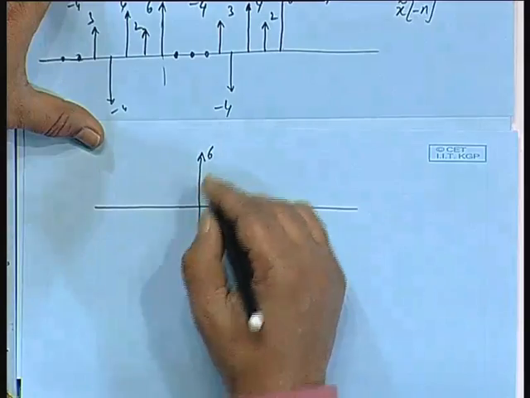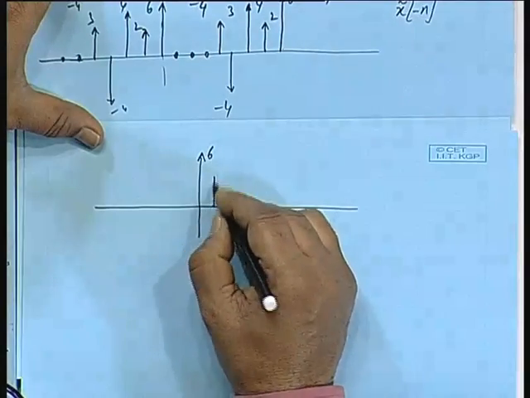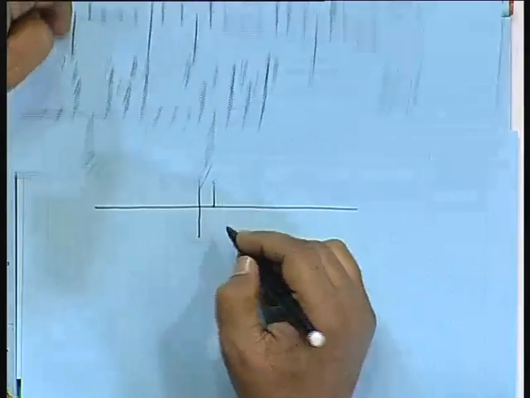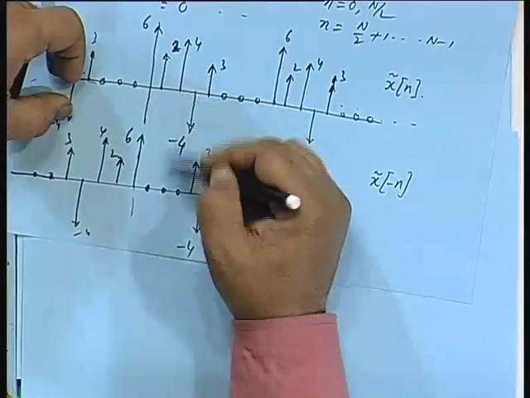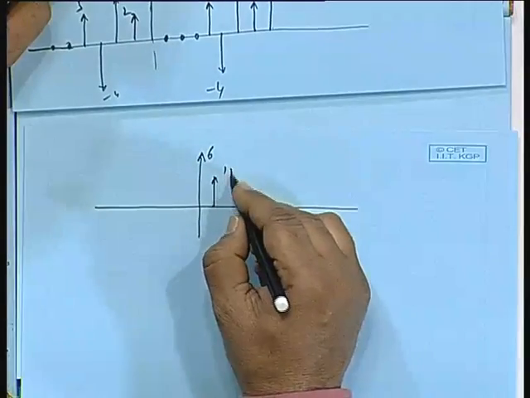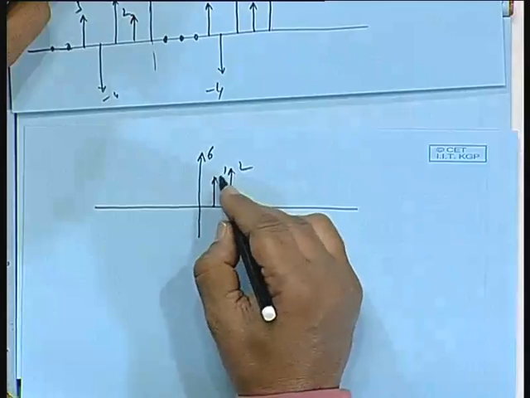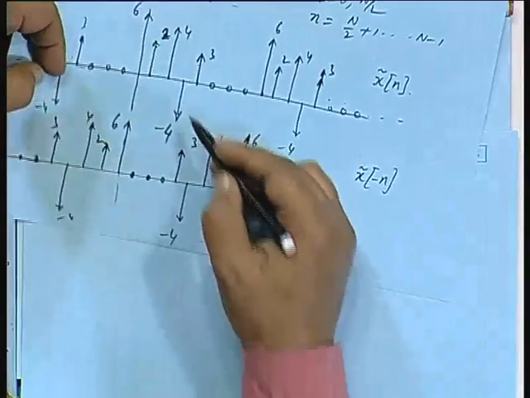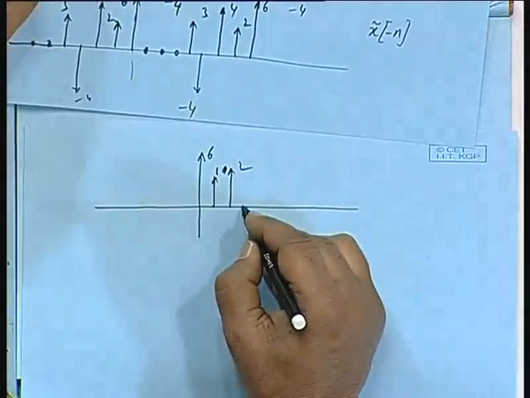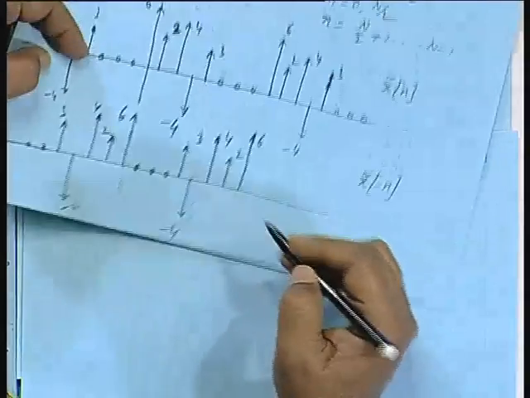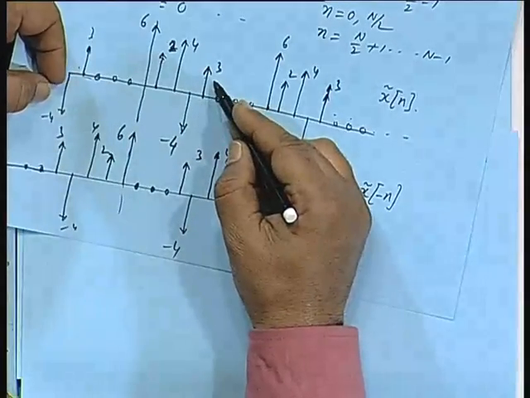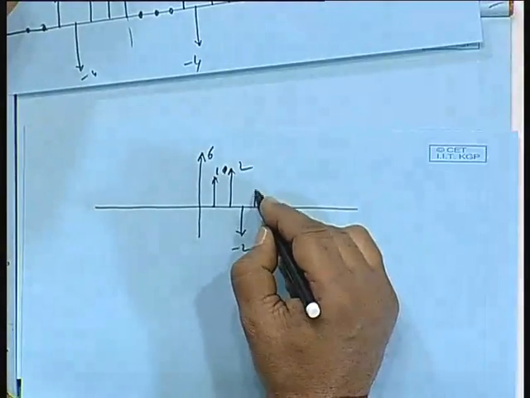So, this will be half of 2 plus 0, that is 1, then half of 4 plus 0, so 2, this is 1, then minus 4 and 0, so minus 2, then 3 plus 3 by 2, that is again 3.